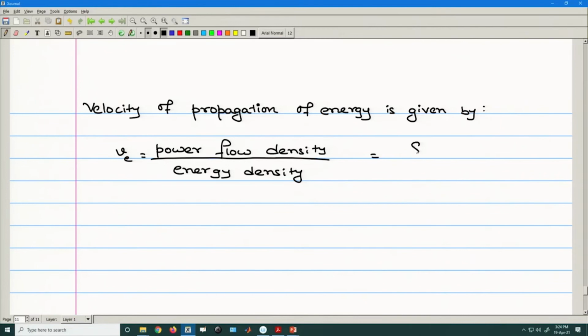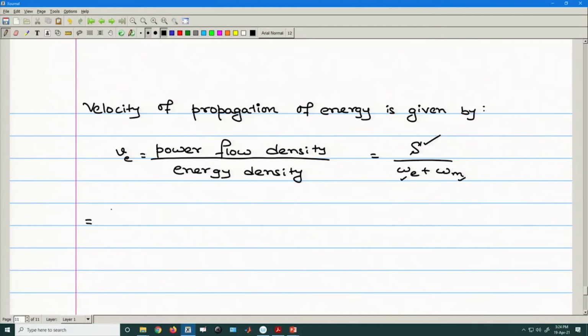That is ratio of S by WE plus WM. Okay. So we are equipped with S, we are equipped with WE, and we are equipped with WM. So just we will substitute the individual values.